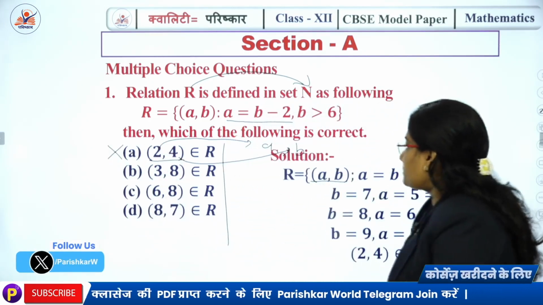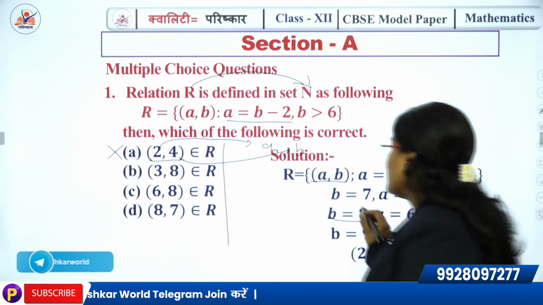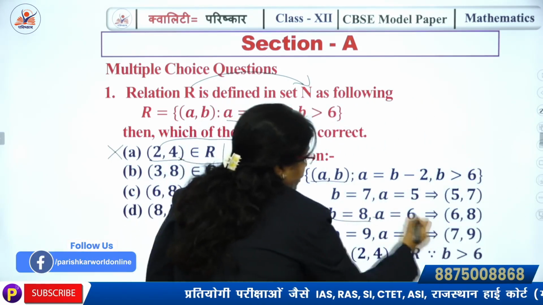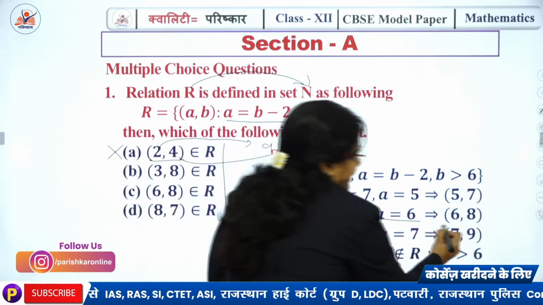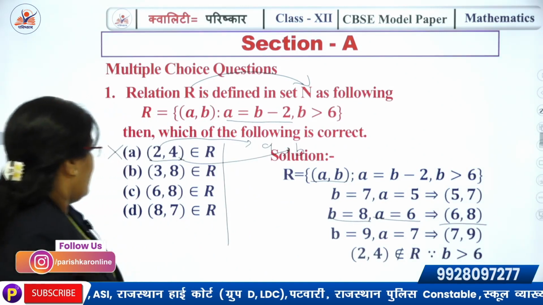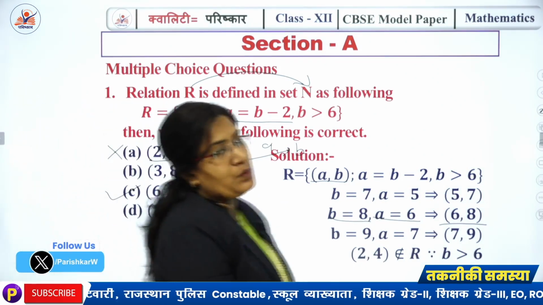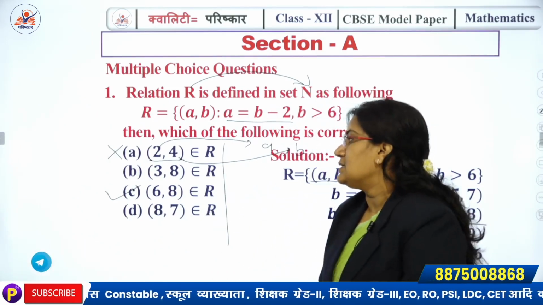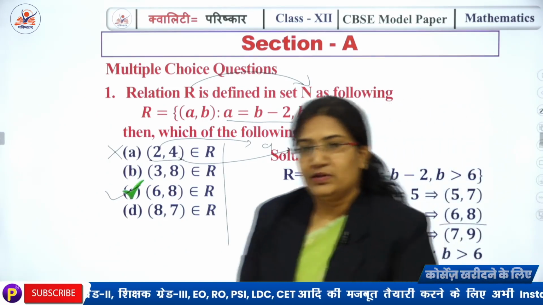Again, we have b equals 8 and a equals 6, because a equals b minus 2, so (6, 8) is an option. There is the option (6, 8) in option C. So option C is correct, as you can see. Now let's come to the next question.